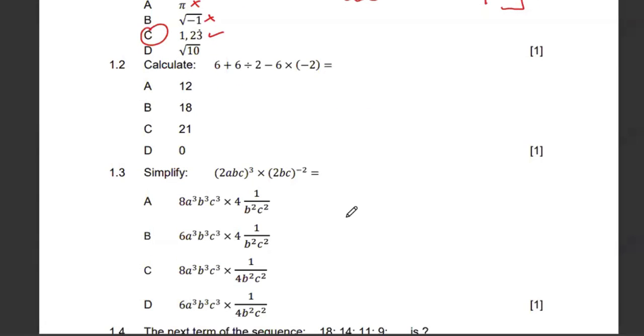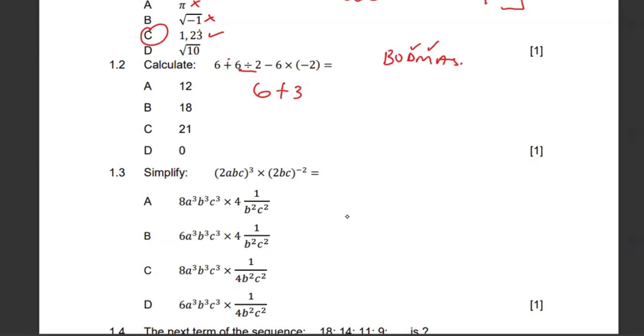1.2, calculate 6 plus 6 divided by 2 minus 6 times -2. So we use BODMAS since we have more than one sign. With BODMAS, we start with a division because we don't have any brackets as such. So division is going to come first, meaning 6 divided by 2 is a 3.